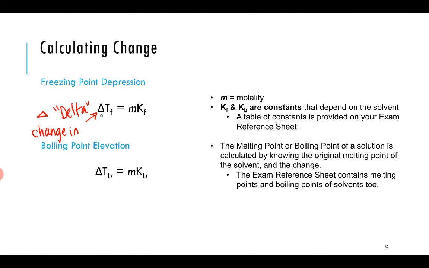And so delta T_f means our change in freezing point. And then m is our molality, and K_f is a freezing point depression constant.